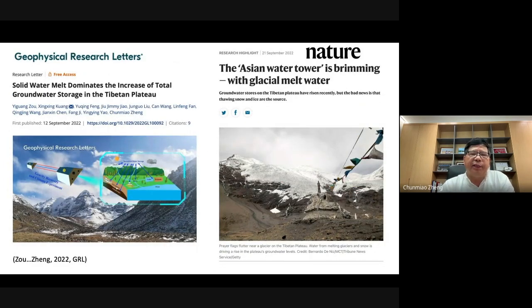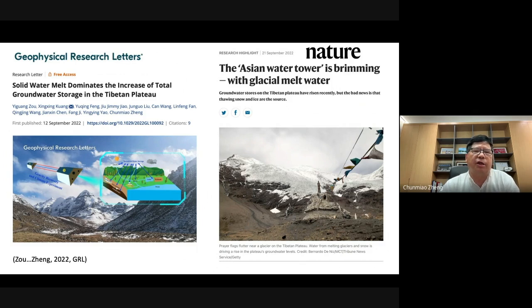Another thing you may ask about is the complex geology and also the lack of data. So we also conducted a study using GRACE satellite gravity data, which is a very important approach.